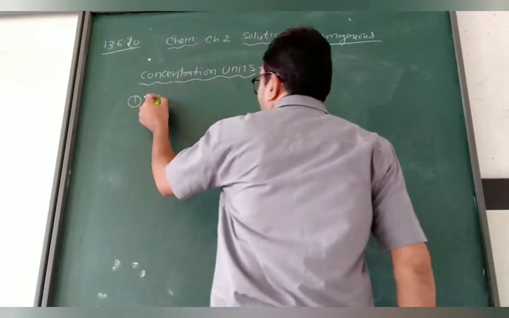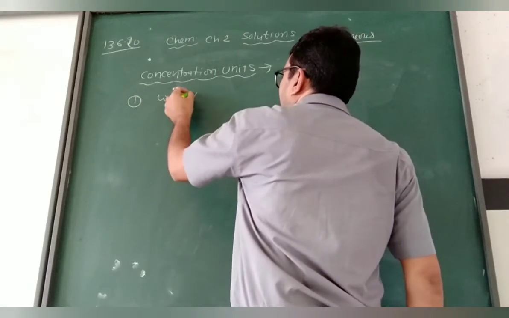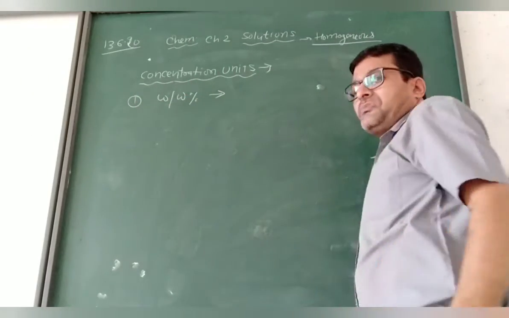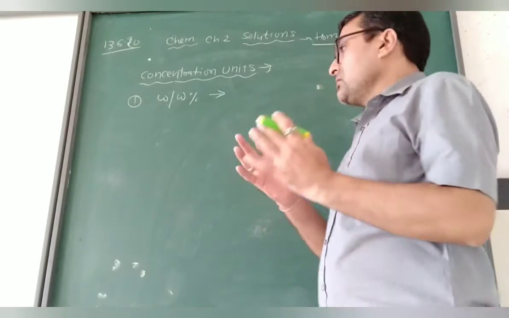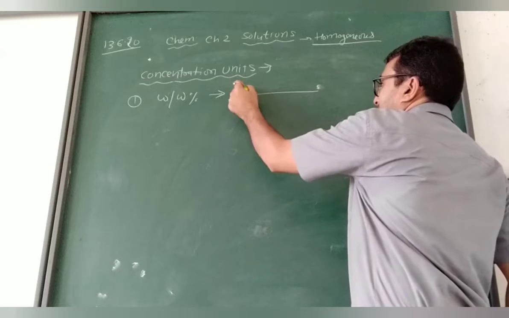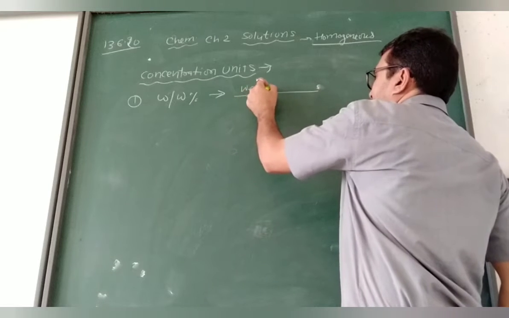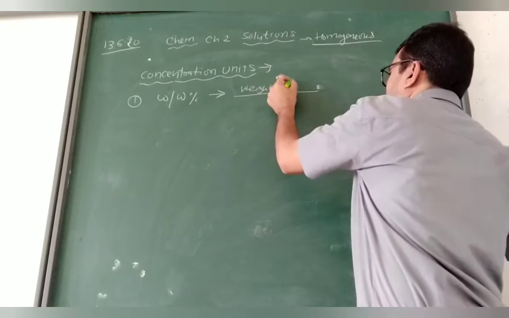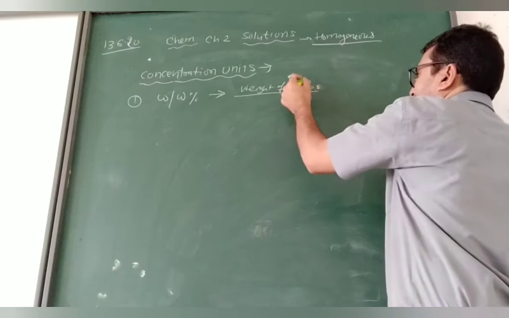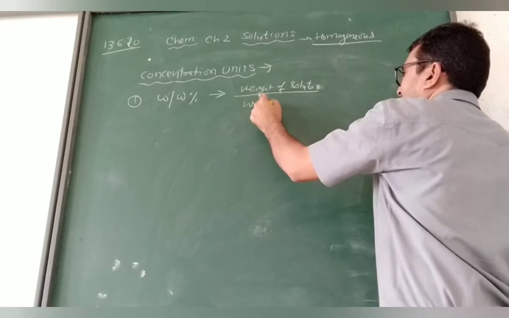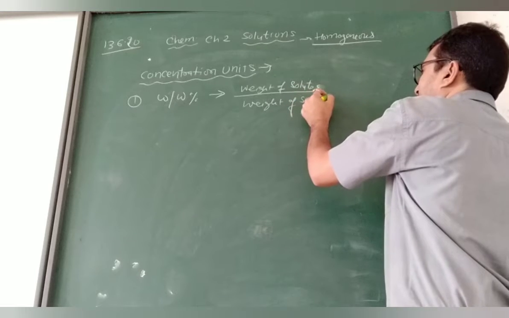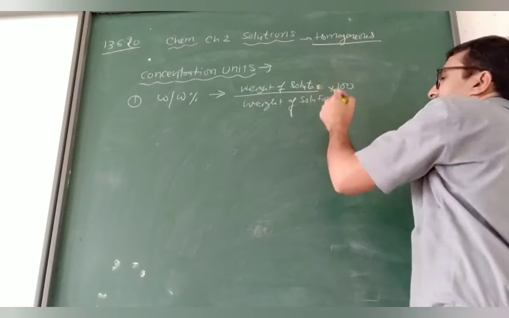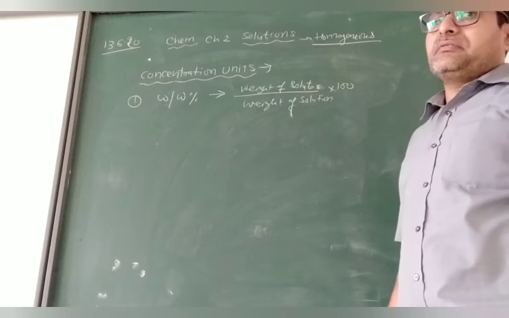First we call it weight by weight percentage. Weight by weight percentage means the weight of solute upon weight of solution, and if it is a percentage, multiplied by 100.